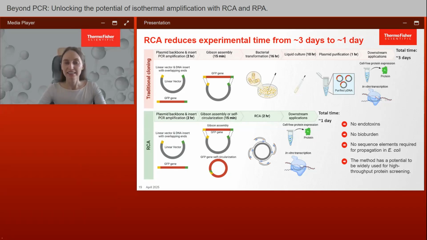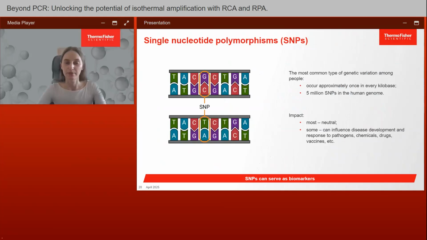But RCA isn't just for DNA template preparation. It's also effective for detecting pathogens, RNA, and genetic variants like SNPs, the most common type of genetic variation in humans. SNPs occur approximately once every kilobase, meaning there are roughly 5 million in the human genome.